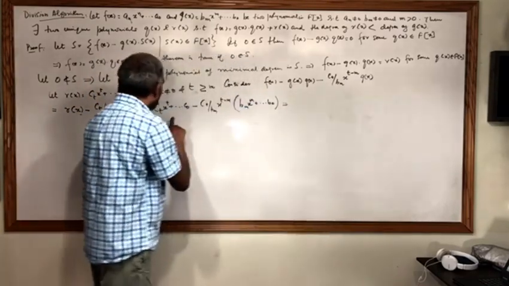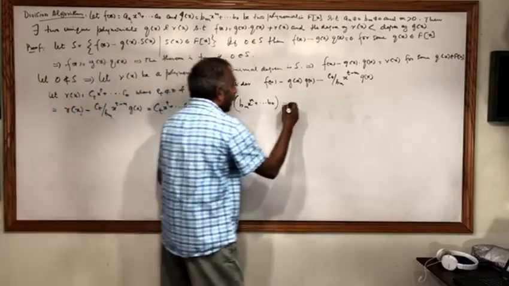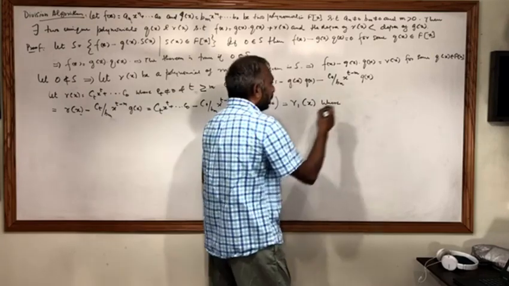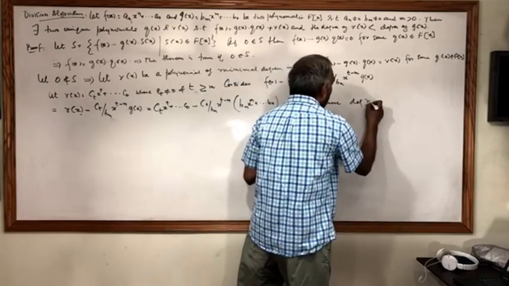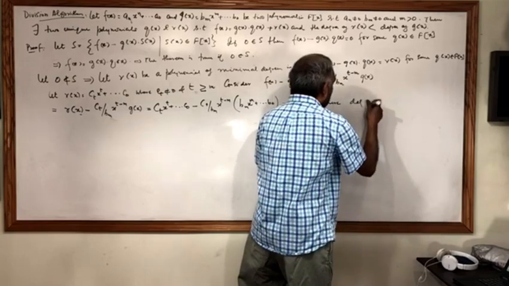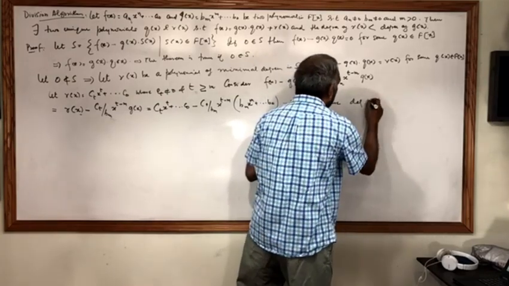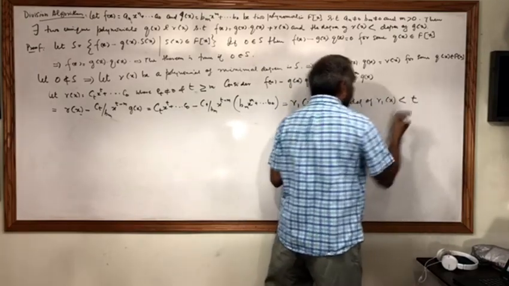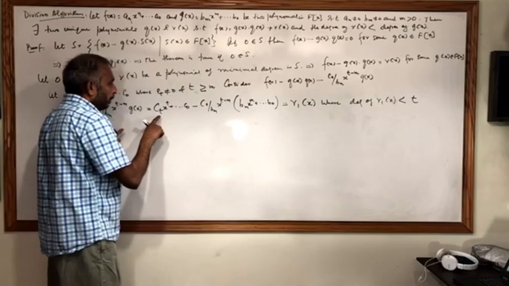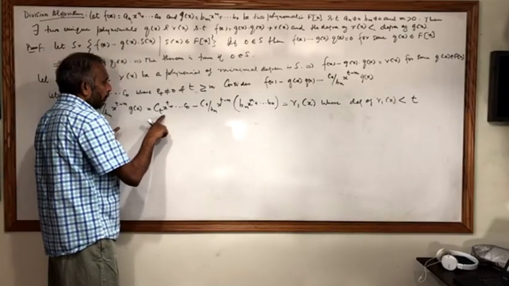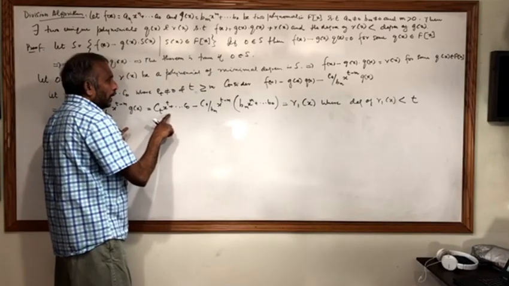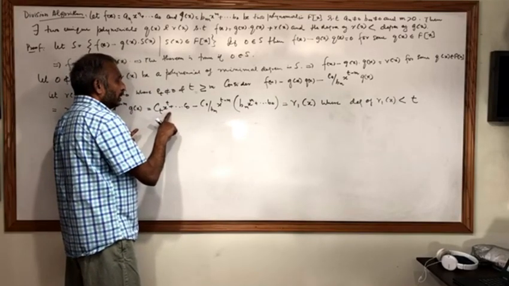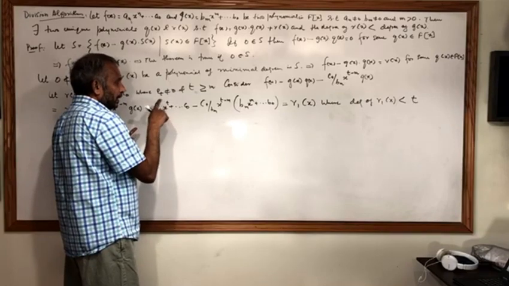It's going to be another polynomial r1 of x, where the degree of r1 of x is less than t, because we don't have a term with x to the power of t. We have only the terms which have a power less than t.